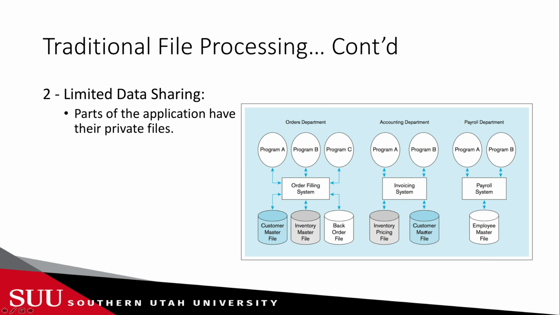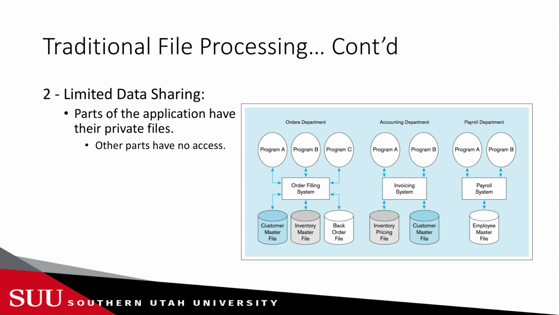Although this is redundant, it's private to this part of the system. And although the customer master file here is another copy of the one in the other application, which is the invoicing system, it's also specific to the order filing system. So this is going to be a problem because other parts of the system will have no access.